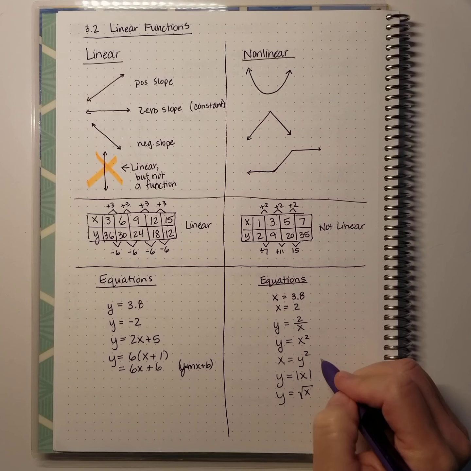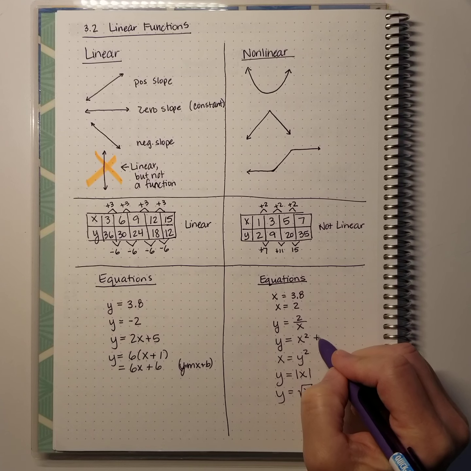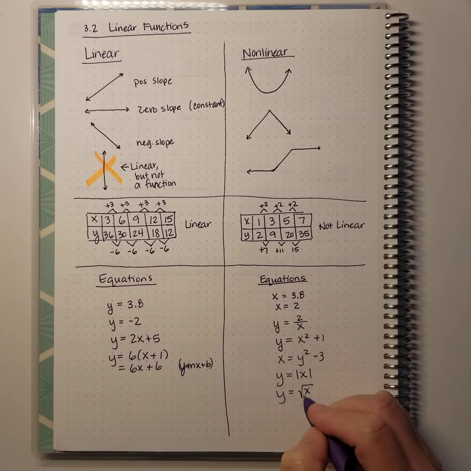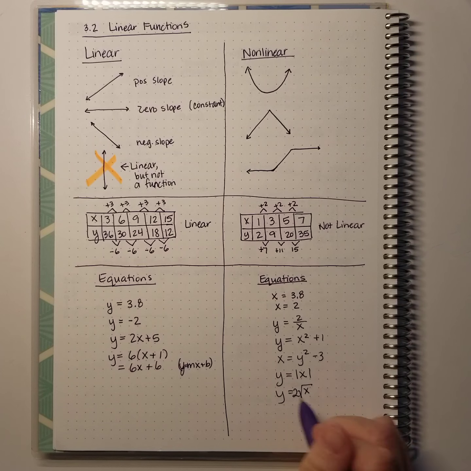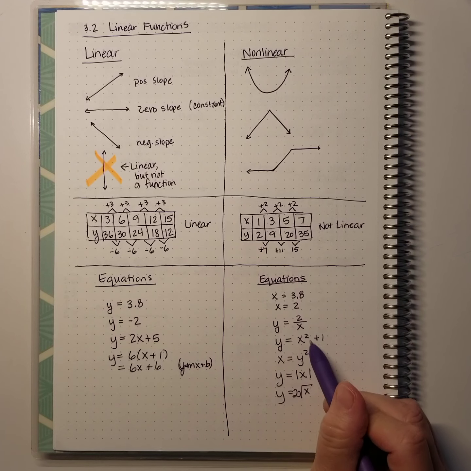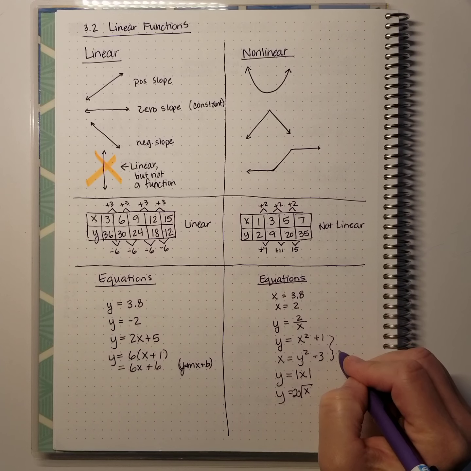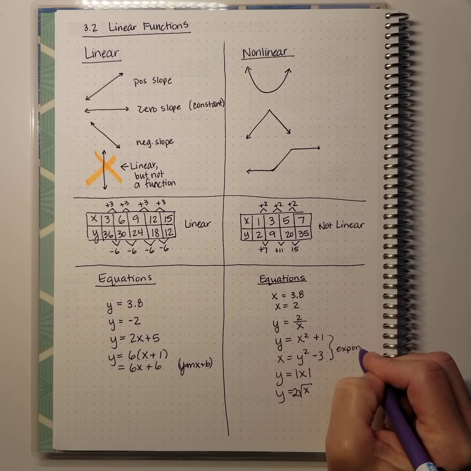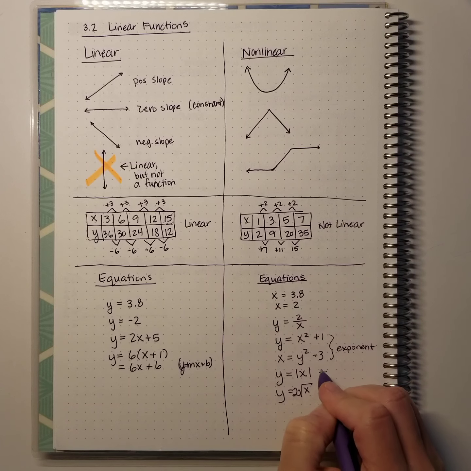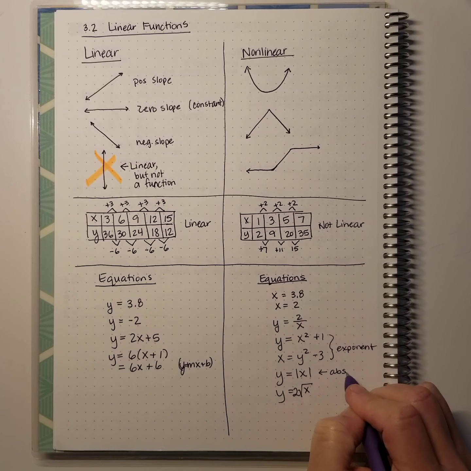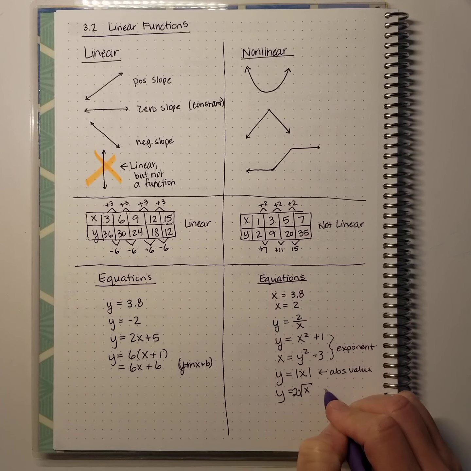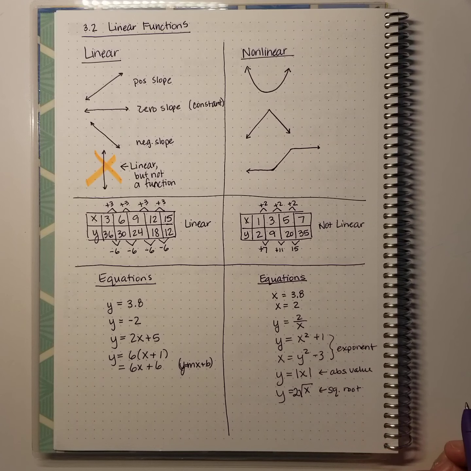And they could have numbers, like plus 1 or minus 3 or times 2. Anything where you see an exponent, or absolute value, or a square root, those will not be linear functions.